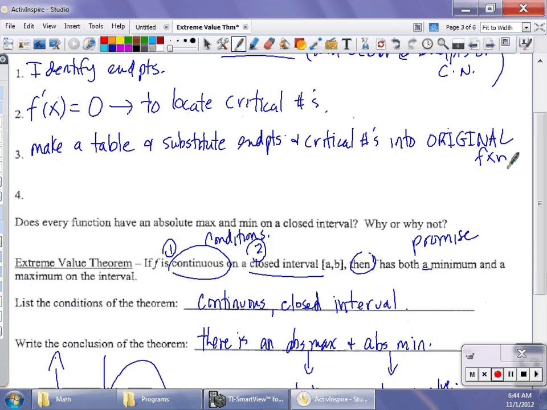Because remember, we're trying to figure out the highest y value and the lowest y value. Compare y values and decide. Make your decision. Those are the steps to finding the absolute minimum and the absolute maximum of a function on a closed continuous interval. Let's look at a couple examples of that.